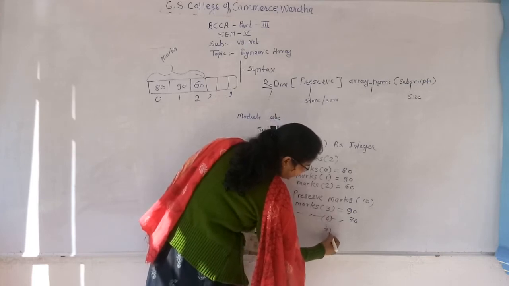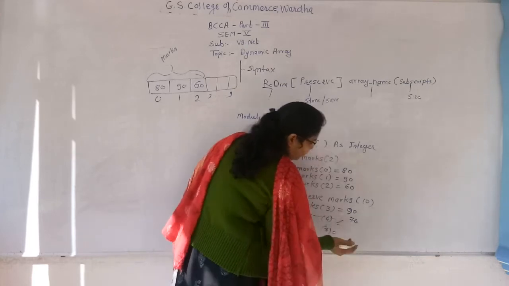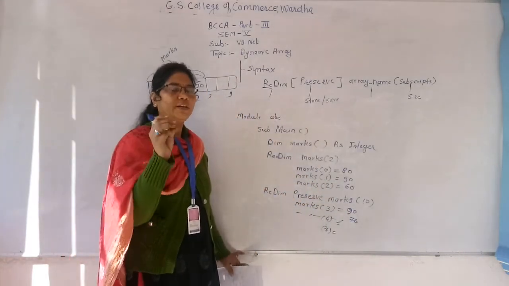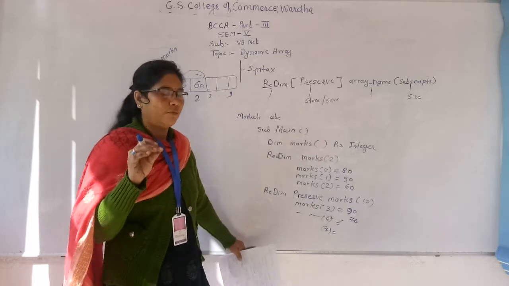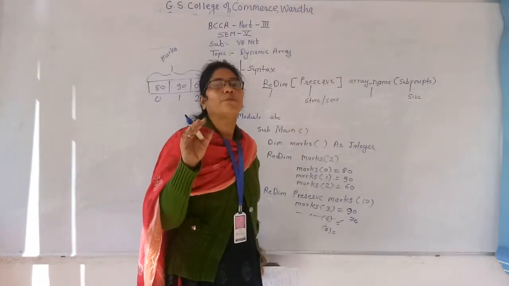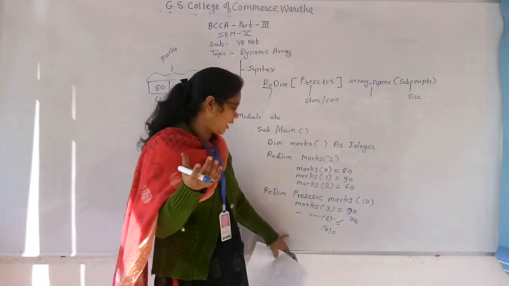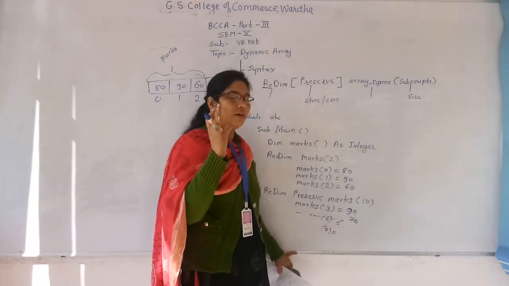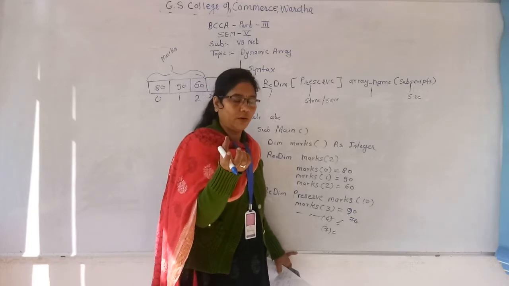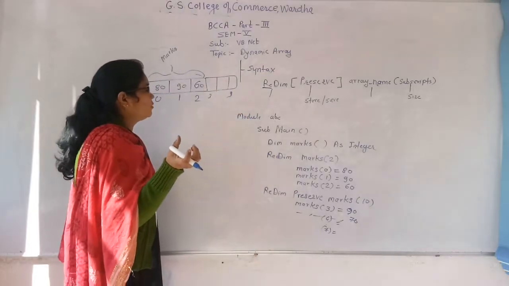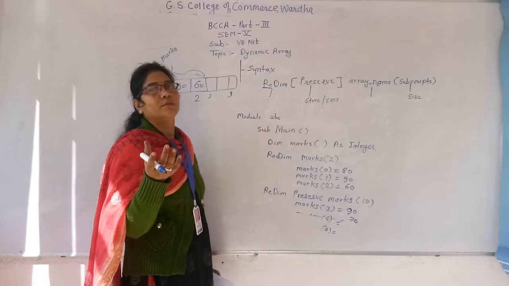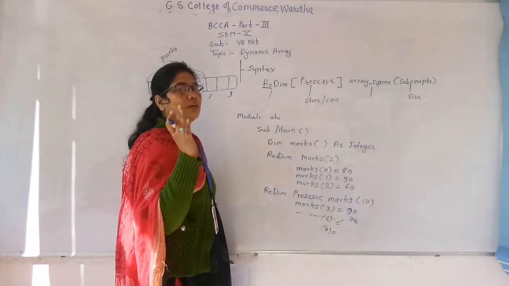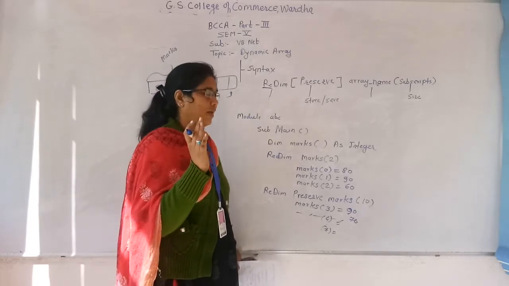Like this, 4 up to 9, I just give 7 values. What happens about the remaining positions, 8 and 9? It will directly initialize them to 0. Who will initialize the 0 at that position? The compiler, because the compiler has one major advantage, or feature, that is memory management as well as error handling or exception handling.